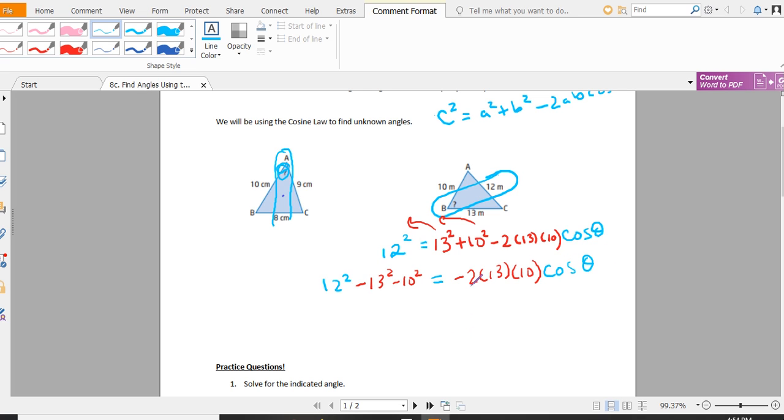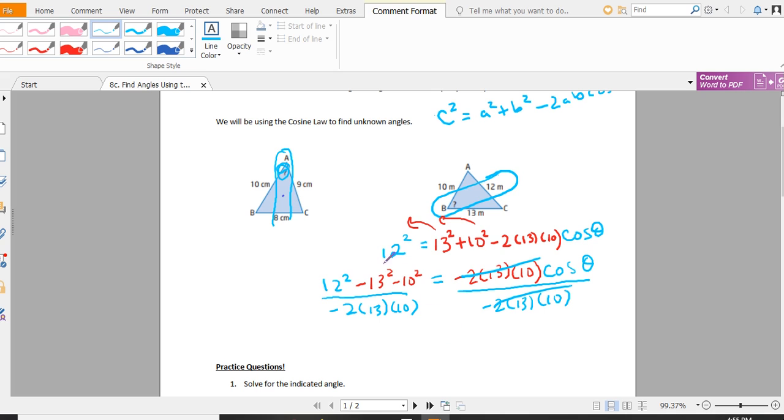And we're almost there, so we're just going to divide both sides by negative 2 times 13 times 10. And yes, of course, I could solve this first, so I'm only working with one number. But the reason I'm showing you this is to just show you where all the numbers are going. Okay, so that will cancel out.